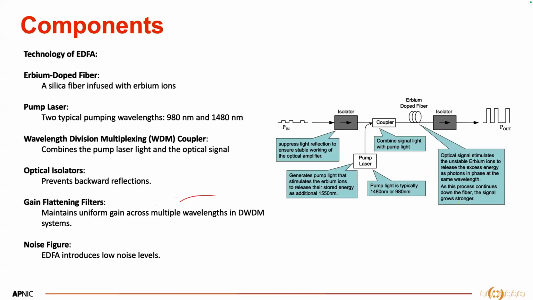When we use an optical amplifier in the DWDM system, the signal has to go through all these components one by one. The erbium doped fiber is used in the optical amplifier to support the photons to be pumped and get excited to the high energy level, that is E3.